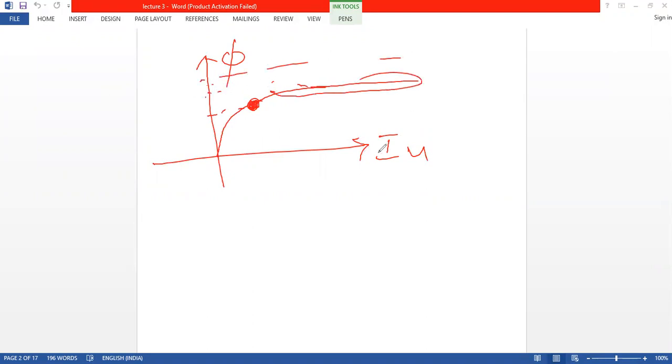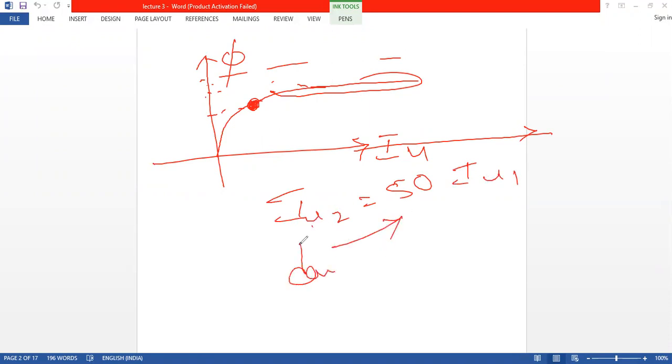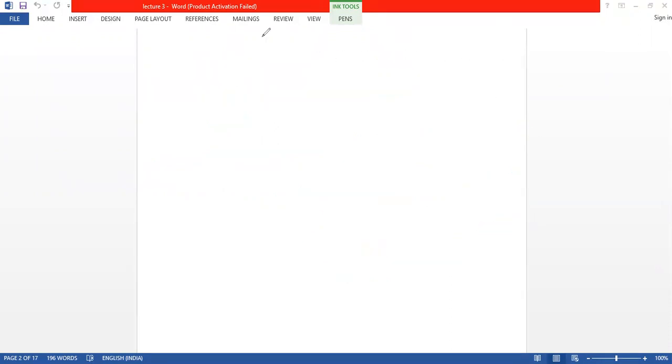To make it double, this I mu has to be increased up to 50 times: I mu 2 equals 50 times I mu 1. You know, this will damage the transformer. So when will it have the maximum effect? When the voltage is crossing 0 point.